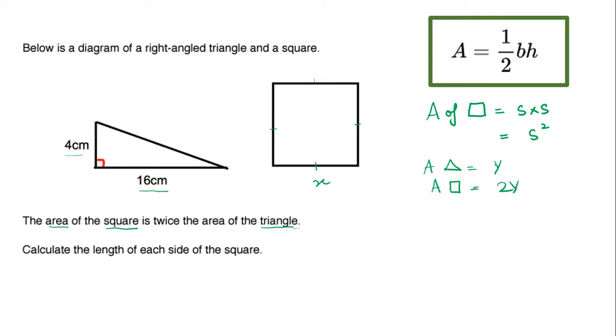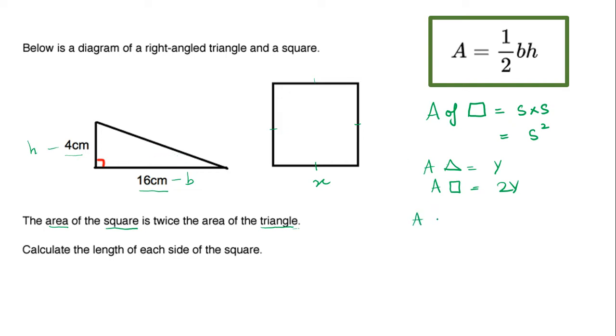And what's the question? Calculate the length of each side of the square. Now, neither do I know the area of my square, nor do I have the side of the square. But I do have the sides of my triangle, the base and the height, and using these, I can find the area of the triangle first.